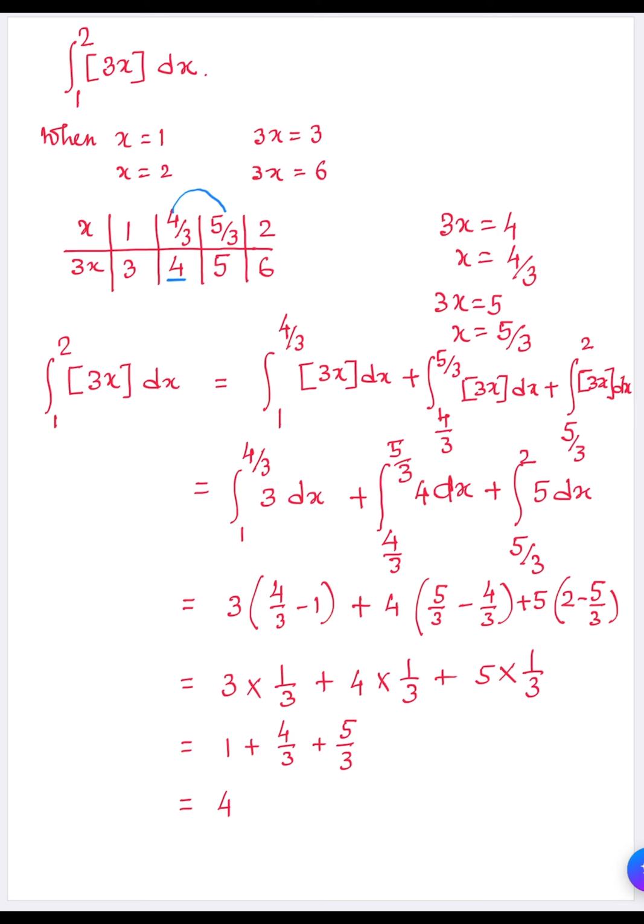Therefore, the integral from 1 to 2 of the greatest integer of 3x equals 4. This is method 1. Now we are going to method 2.